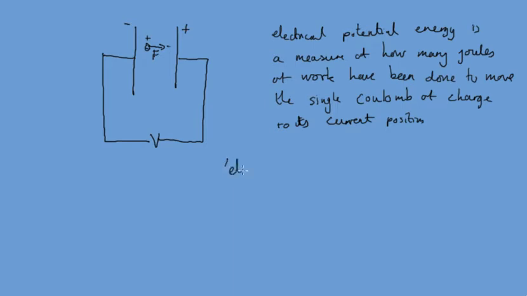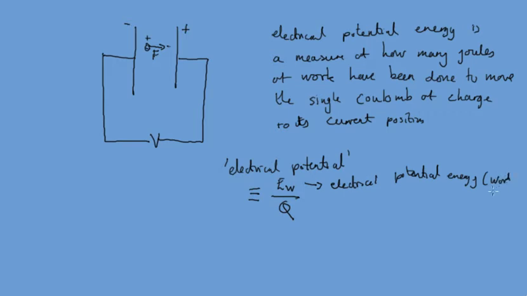So the electrical potential is equivalent to, this is the sign for equivalent to, the work done over Q, where EW is electrical potential energy, or work done, and Q is the charge. Why have I done two C's?